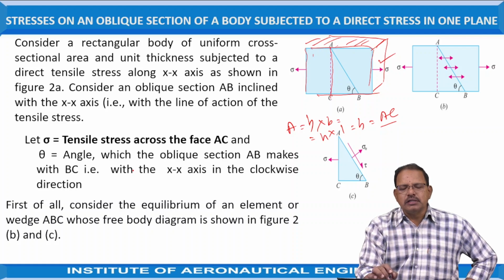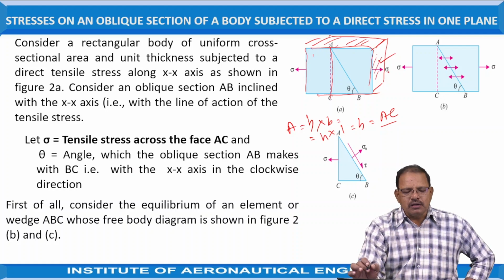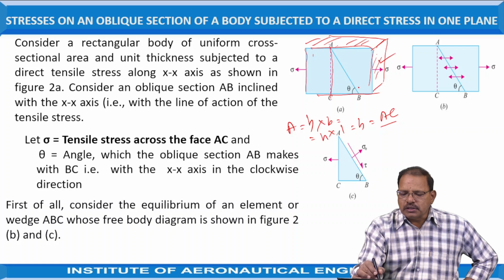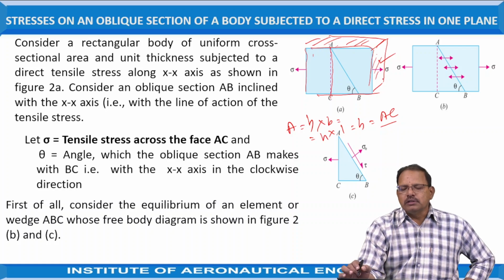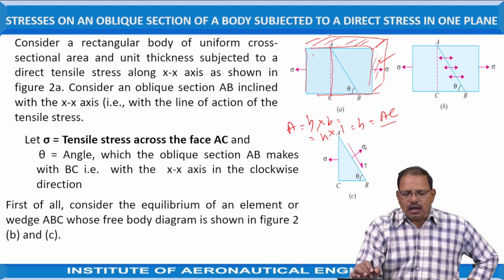Sigma is the tensile stress across the section AC, and theta is the angle which the oblique section AB makes with the x-axis.